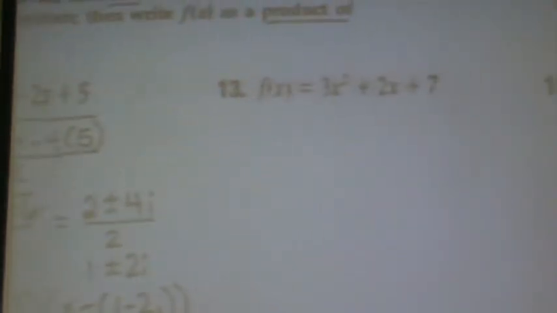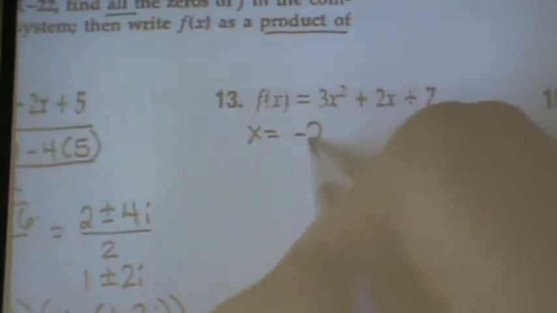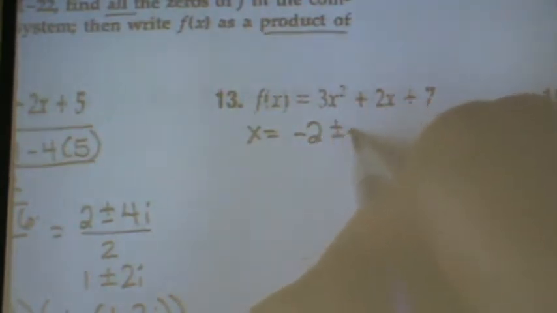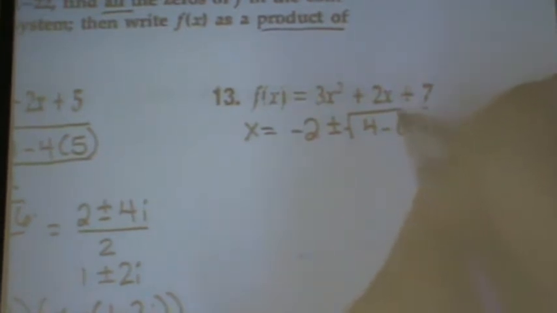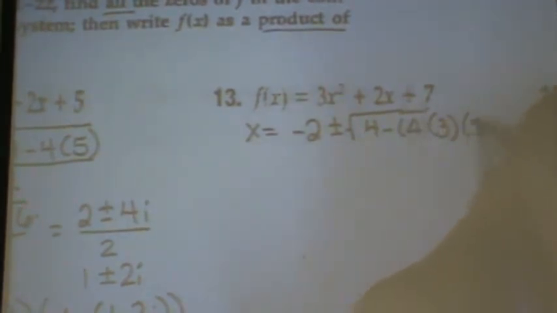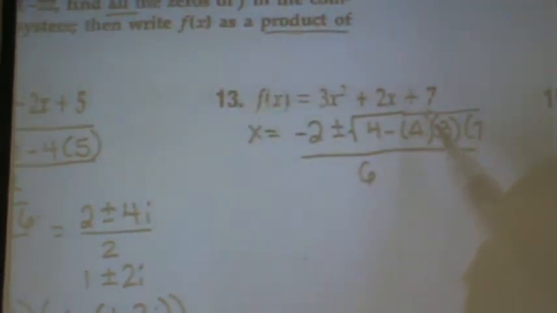Number 13, you're going to need the quadratic formula to do this one also. So x is equal to negative b, so negative 2 plus or minus b squared, so 4 minus 4 AC, 4 times 3 times 7, all over 2 times 3, which is 6. So we're going to simplify this, and you're going to get 4 minus 84.